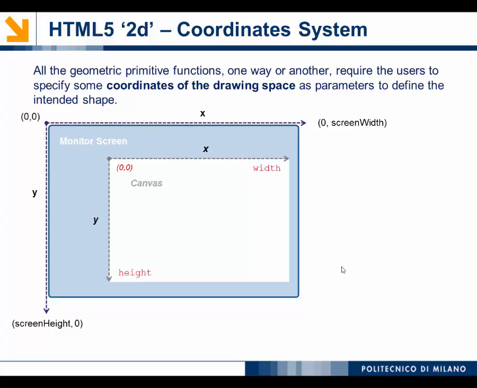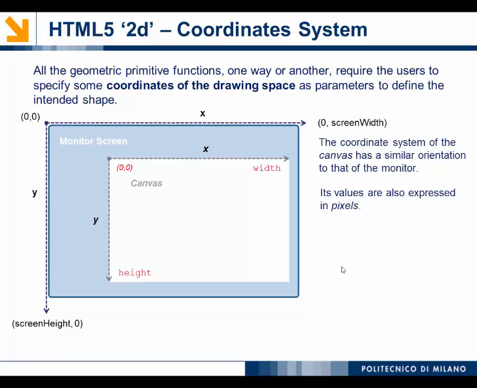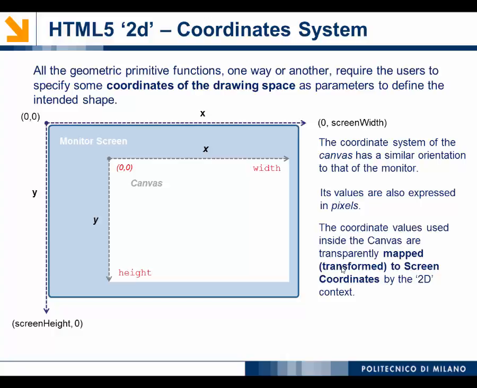So when you want to draw something, you have to keep in mind that the coordinates are those. The values are also quite important. When you work on a canvas, you use pixels as a measure unit. The values that you use over the canvas must be mapped over the screen, because you are operating just in a portion of it. This kind of operation is usually transparent to the user and performed directly by the browser.